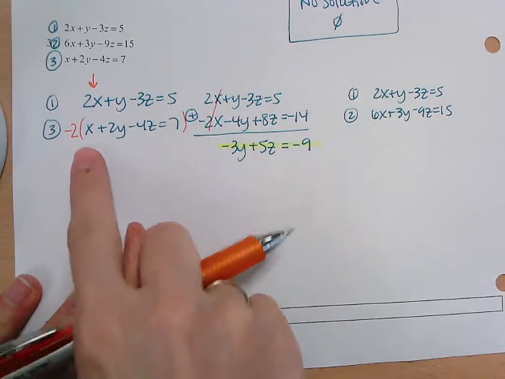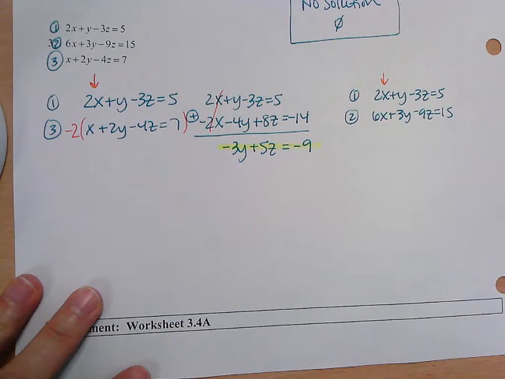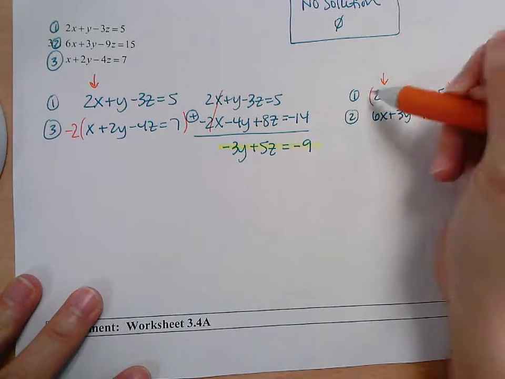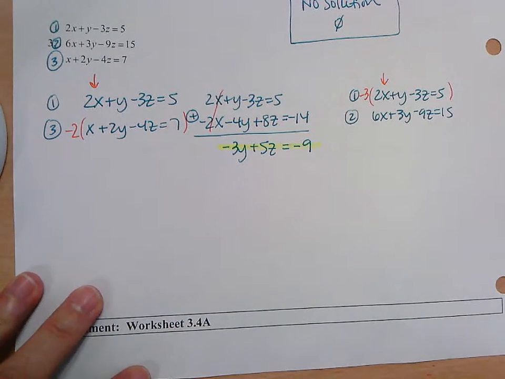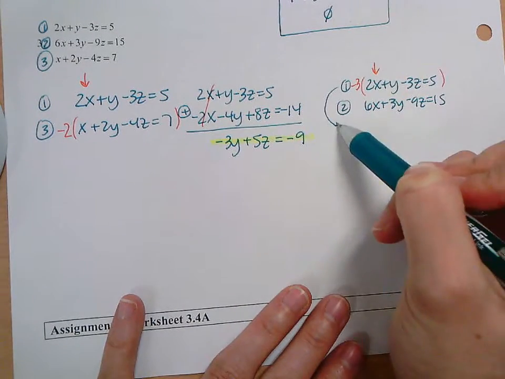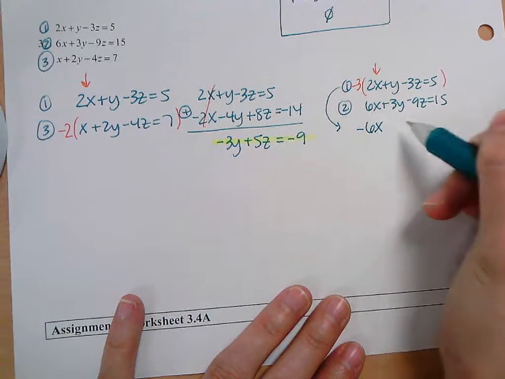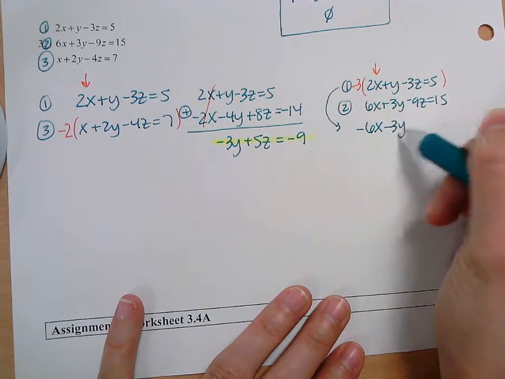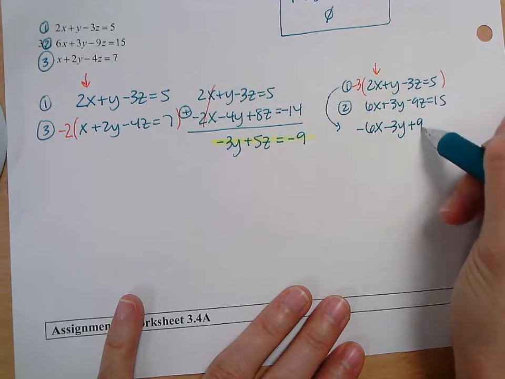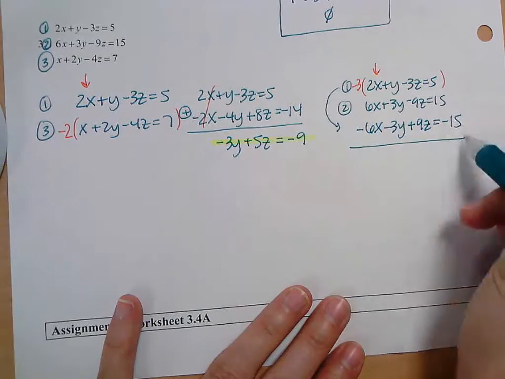So again, I eliminated x here, so I should be trying to eliminate x here. Multiply the top by -3. I'm just going to write this equation below it. So that equation becomes -6x minus 3y plus 9z equals -15.